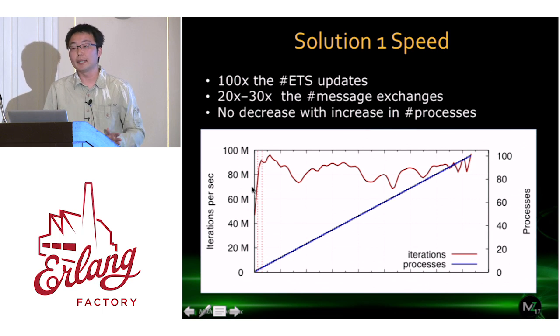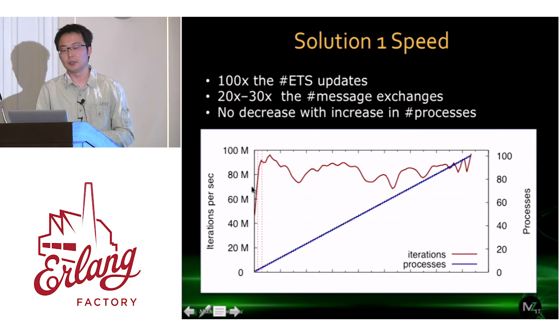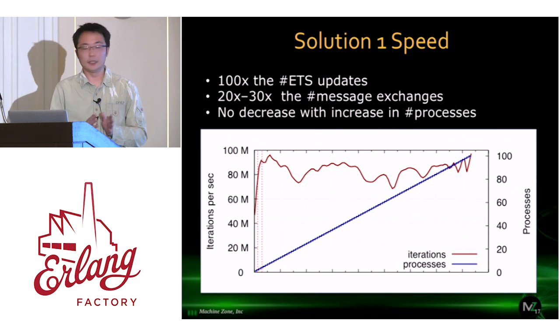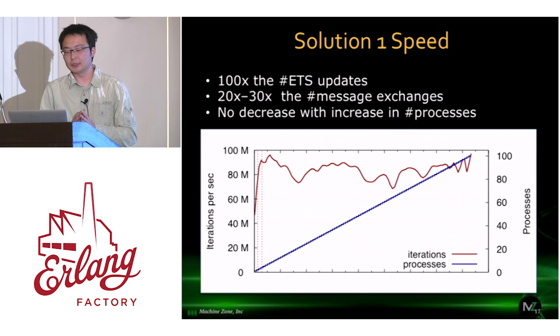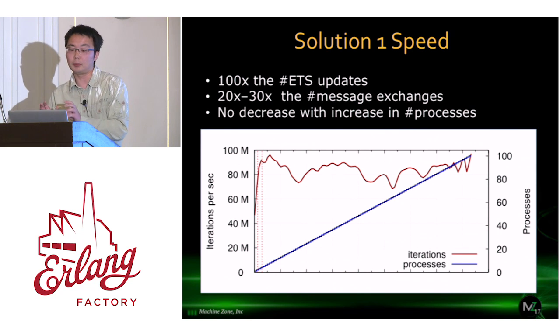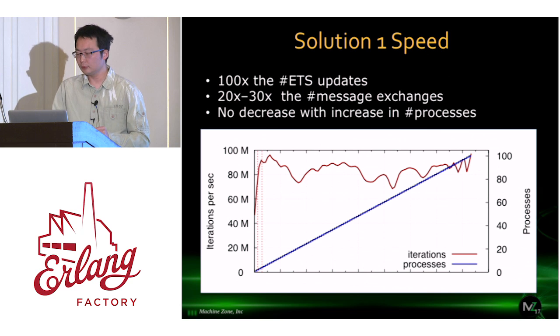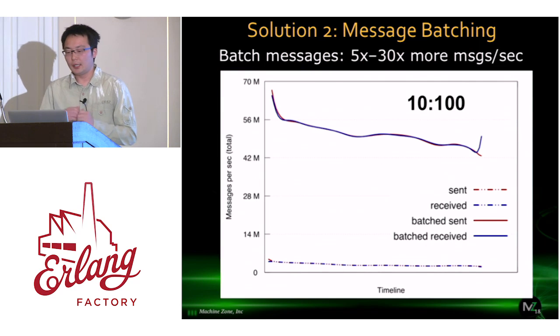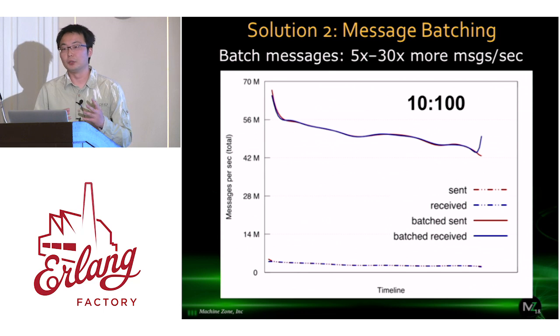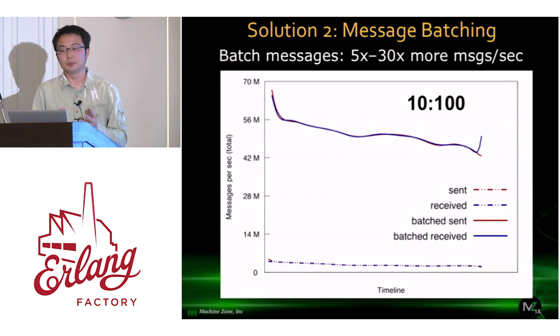It's 100x the ETS experiment we did, and it's 20x to 30x the max exchange rate of the first design we had, the three-stage pipeline. This is the first optimization: before we solve it, we try to reduce the problem from the application level.